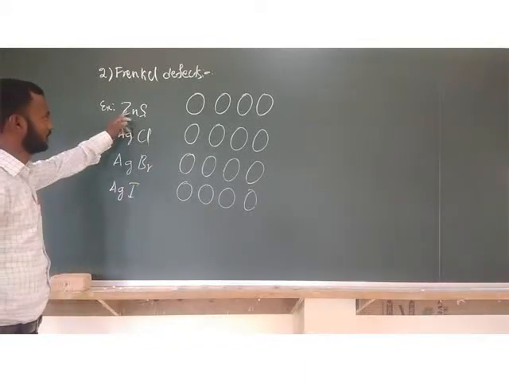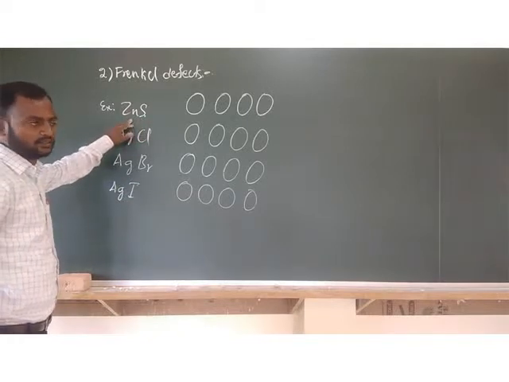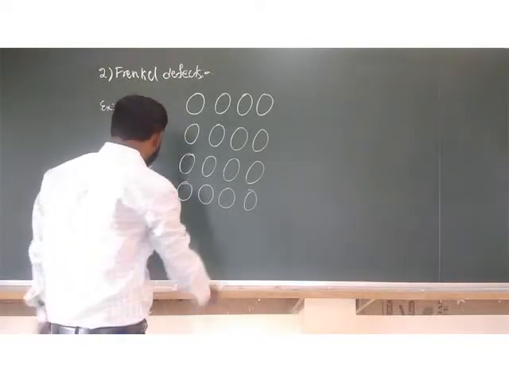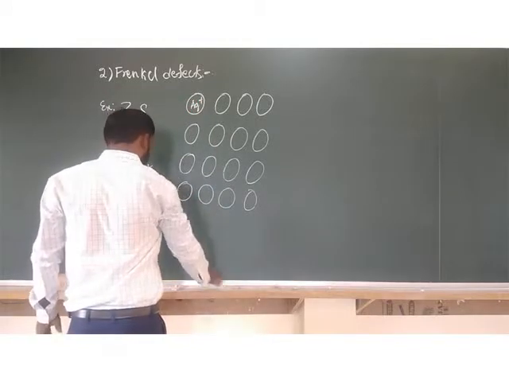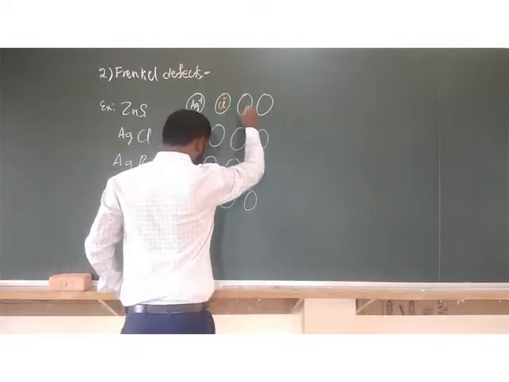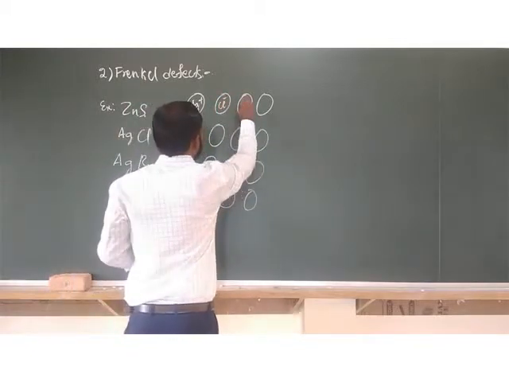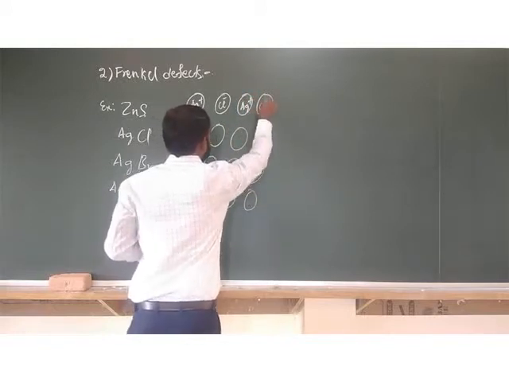The size of the cation as well as the anion is very large. So due to large size, we can take the Ag+ ion, so this is the cation, and the Cl- ion, the anion.